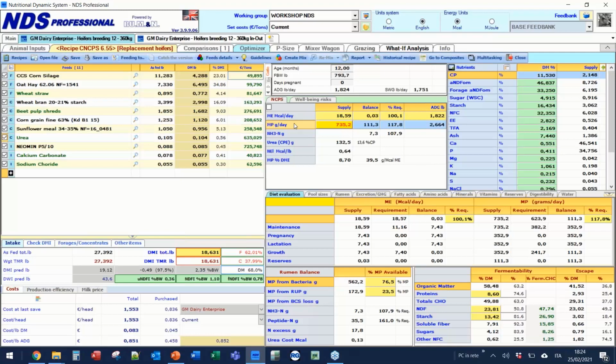Why this? There are probably many reasons that can explain this. One of the reasons is related to the passage rate adopted, because it is defined for adult cows, but it is not really validated for young animals.